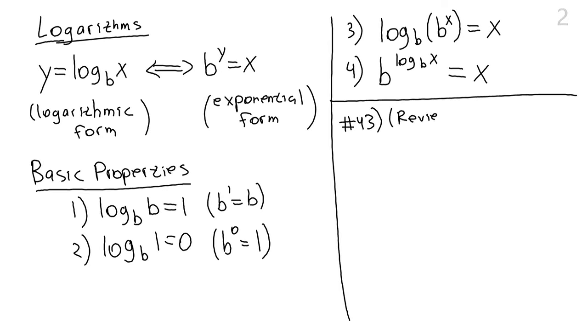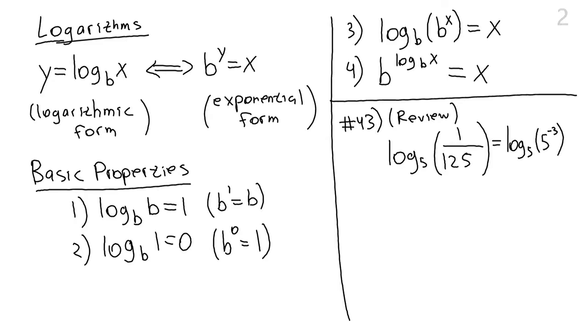This is again problem 43 from the review. We're asked to use basic log properties to evaluate log base 5 of 1 over 125. It's useful to know rules of exponents. This is log base 5 of 5 to the power of negative 3.